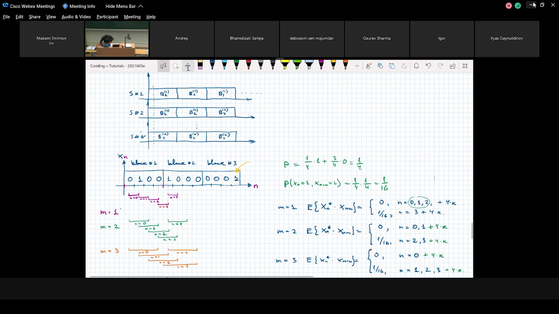Why is the last element of the third block equal? No, it's not 2, it's 1. Sorry for this.